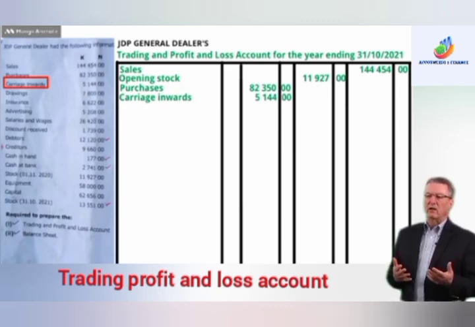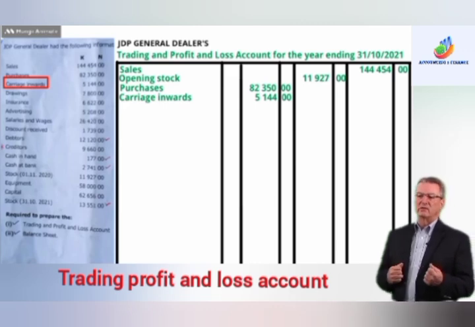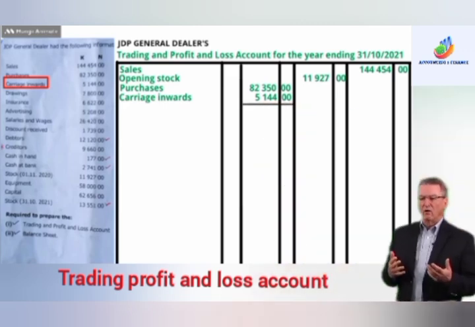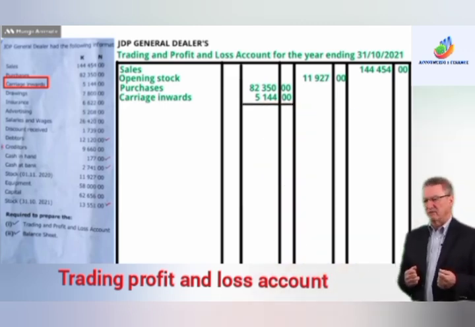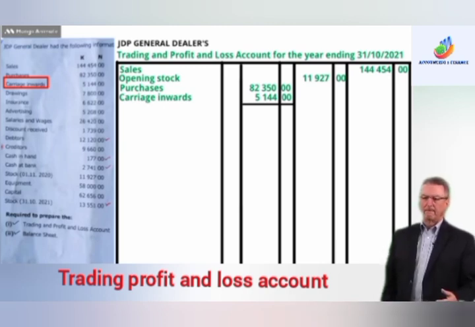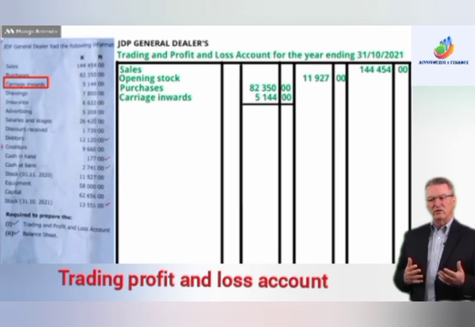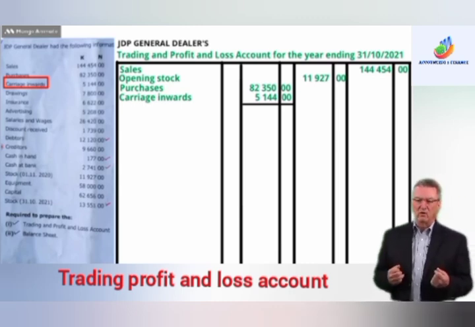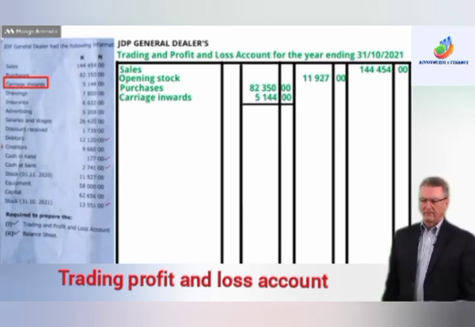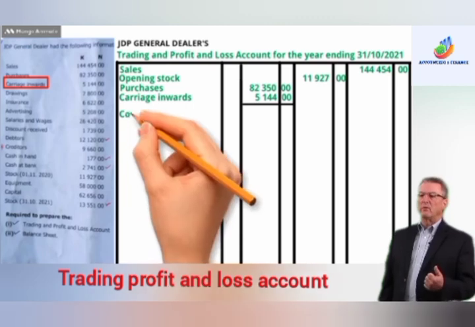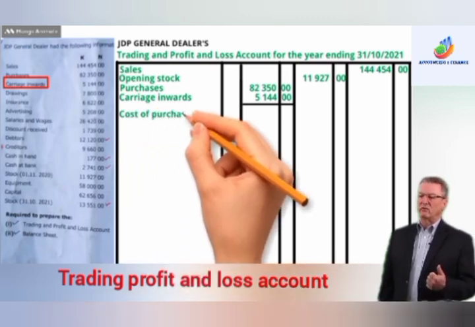Now once we have recorded that, we find the total of that. We add 82,350 plus 5,144, which will give us 87,494.